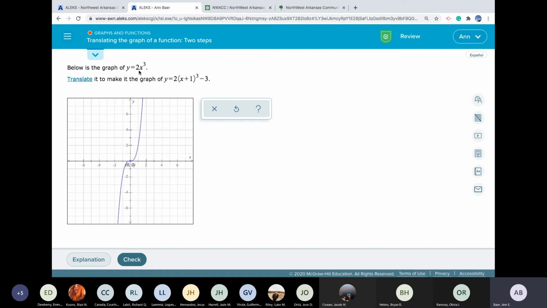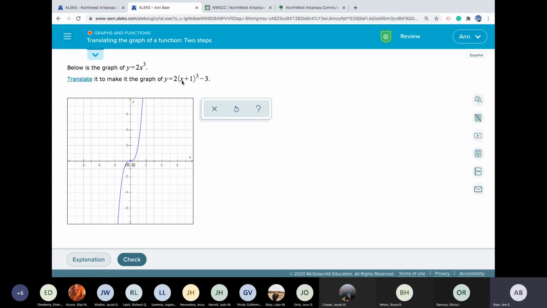So you can ignore that 2. So we're just working with this. We're looking at x plus 1 here, and then this minus 3. But we will have to consider the 2 if we were to check. That's the only time we would want to consider it, when we check.